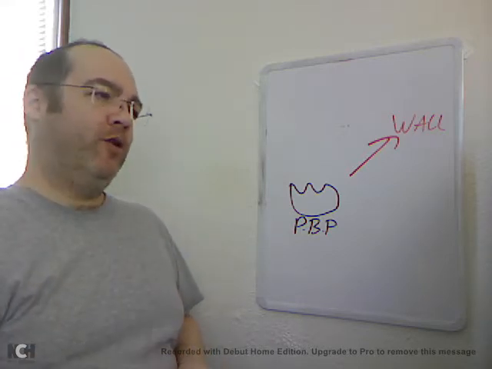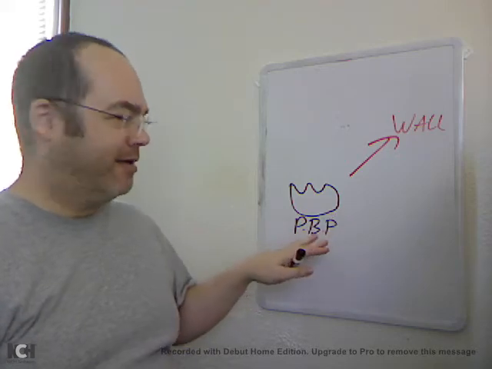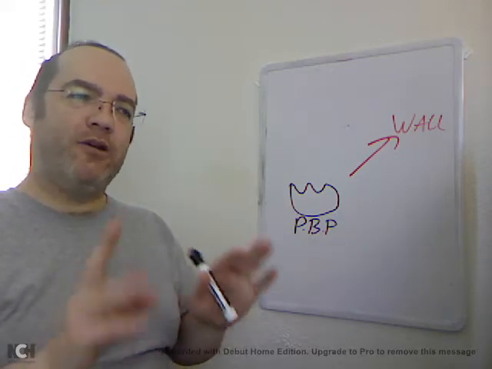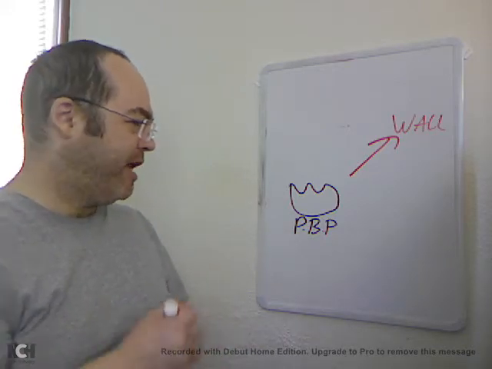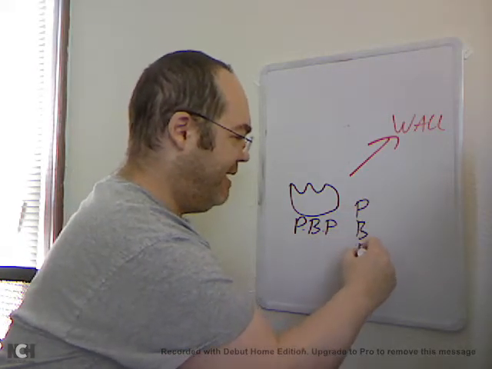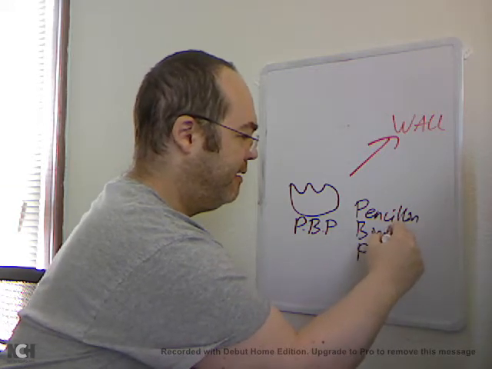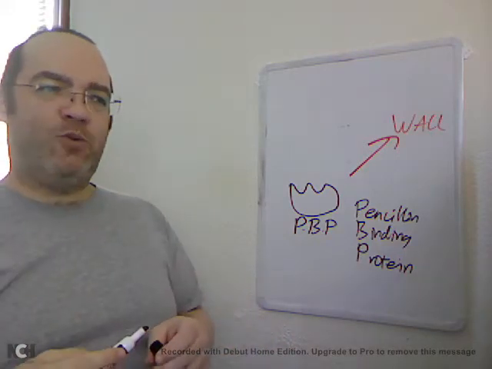The downside to calling these penicillin binding proteins is it sounds like that's what they're designed for. That's not the case. They are not designed to bind penicillin. So currently PBP stands for penicillin binding protein. That's what it stands for.